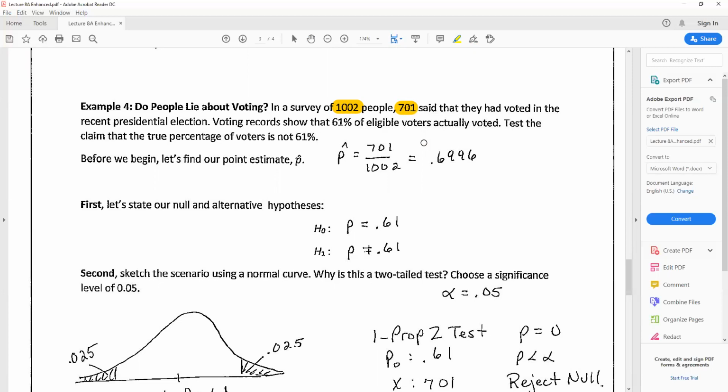Well, remember that the null hypothesis will always take the equal sign. So the null is going to argue that the percentage of people who actually vote is equal to 61%. And since this is not a right or a left tail claim, because we don't see greater than or less than, we're going to go with not equal to 61%. That would be the alternative hypothesis.